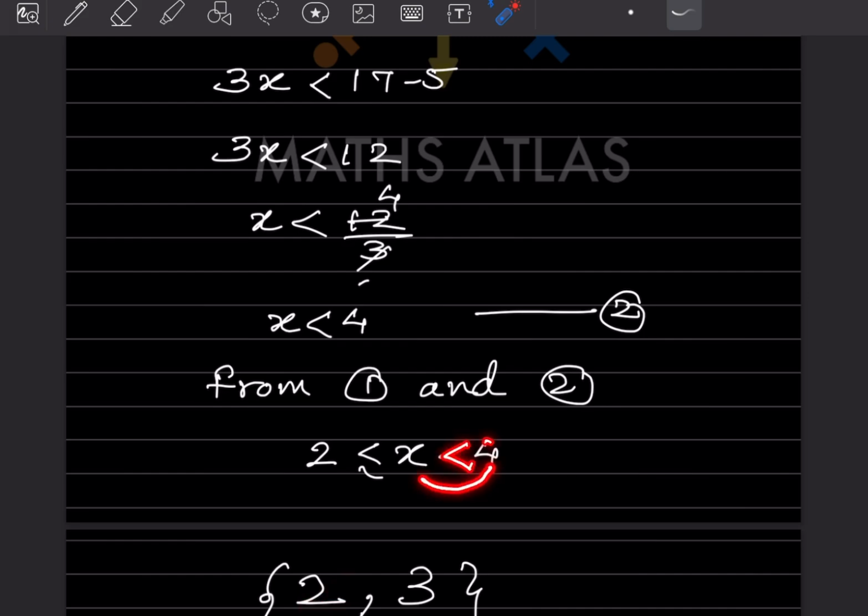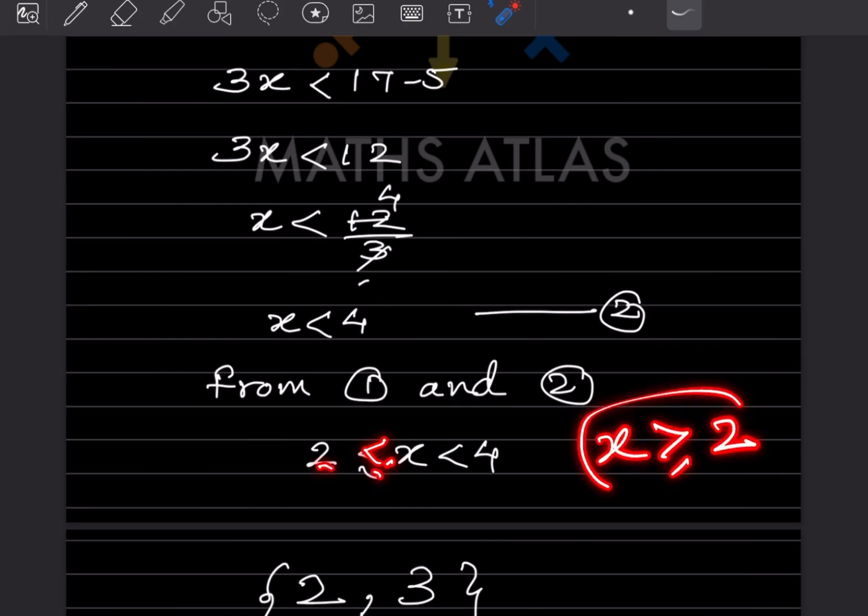When we consider this and this part, first we'll consider 2 is less than or equal to x, means x is greater than or equal to 2. When you see this part, here the mouth is opening at the x side, so x is greater than or equal to 2. It will be like this, because there is always a confusion at this part.